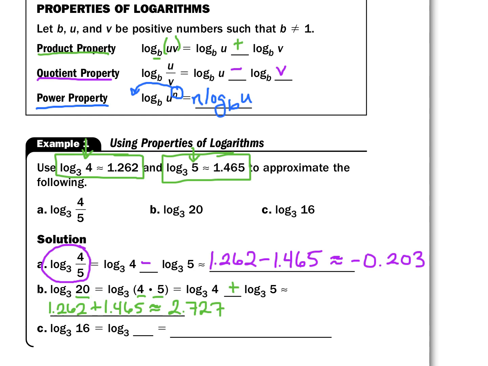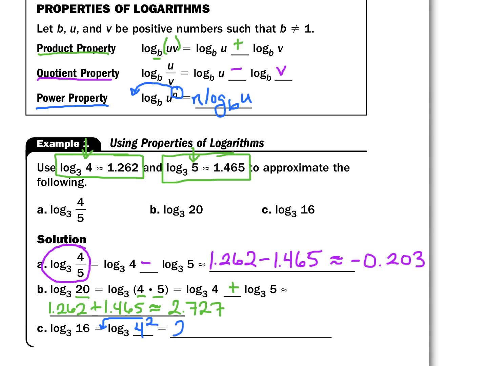And then C over here, log base 3 of 16. So again, I don't have it in terms of either 4 or 5, so I notice that 16 is the same as saying 4 squared. So if I use the power property, that means that I take that exponent and I put it on the front.